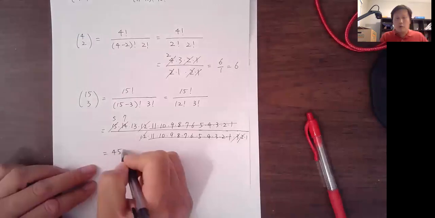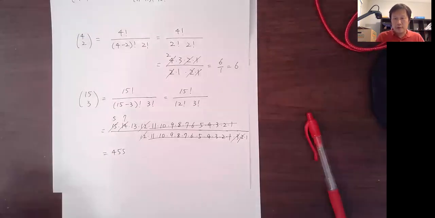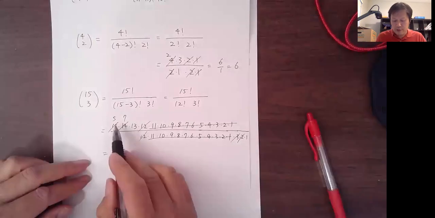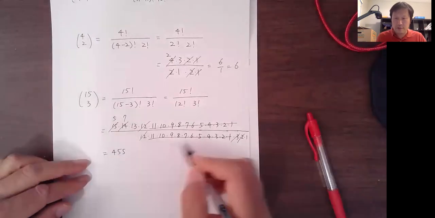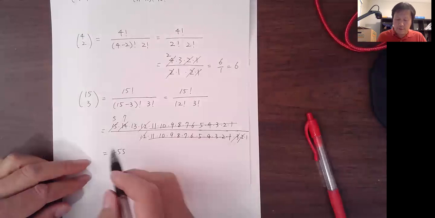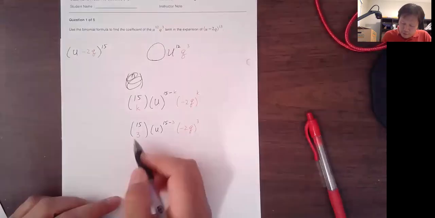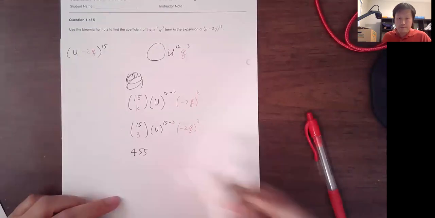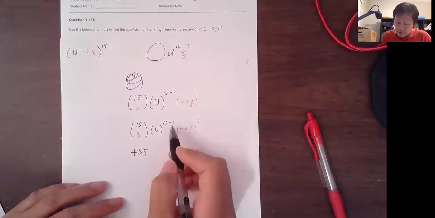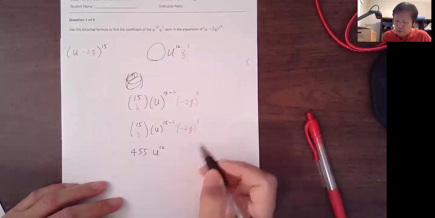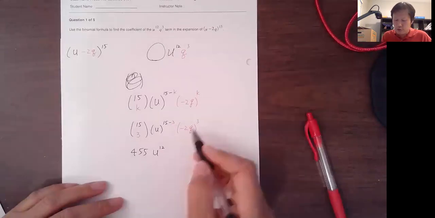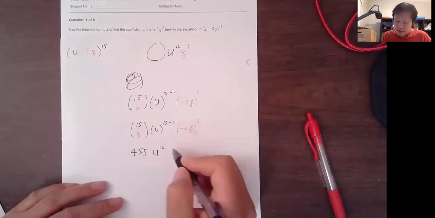455. So if your calculator is not available, you will have to manually multiply 35 times 13. You actually have to multiply by hand to get 455 as the answer. So with 455 as the answer, 15 minus 3 is 12, so you get u to the 12th power, minus 2 to the third power should be minus 8.